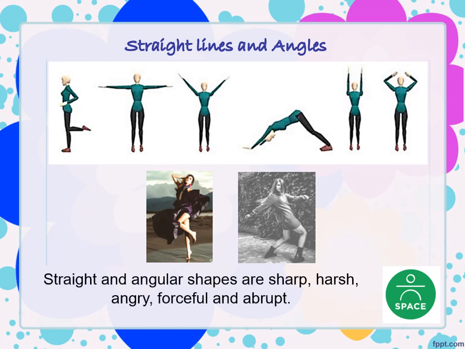Straight and angular shapes are sharp, harsh, angry, forceful, and abrupt. Students can make shapes with straight lines and angles relatively easily because of the straightness of the bones and the way the body is jointed. Simple angular shapes are also easy to recognize and learn. Angular shapes and actions can convey a range of meanings.